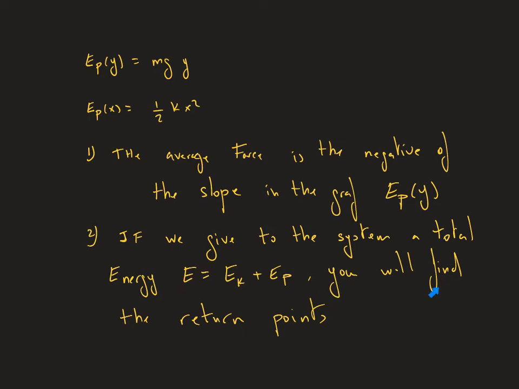So you will find that analyzing the graph of E sub p of y or E sub p of x, there exist return points, points that cannot go further than this point. So these are the two main things that we are going to see.